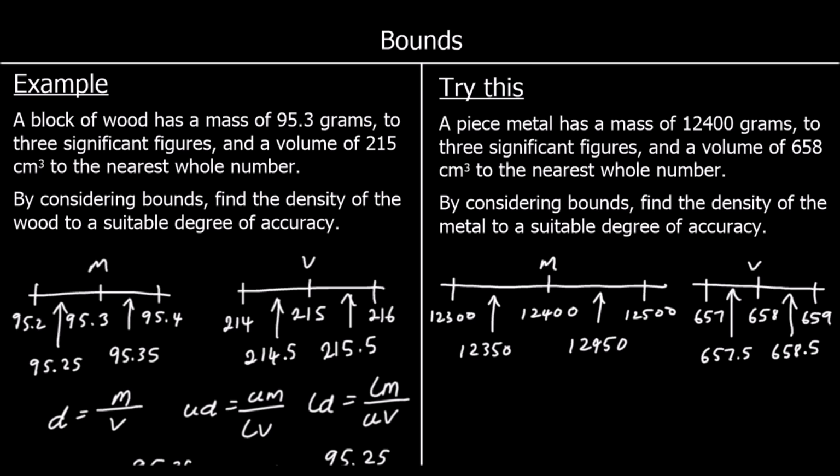So the upper density, UD, is going to be the biggest. Density is mass over volume. The biggest density is going to be the biggest mass over the smallest volume. And the lower density is going to be the smallest mass divided by the biggest volume.